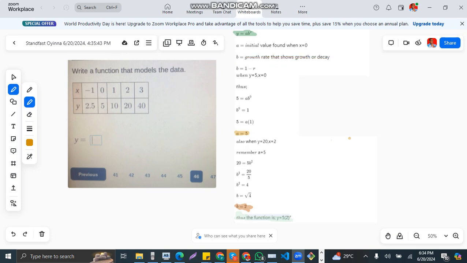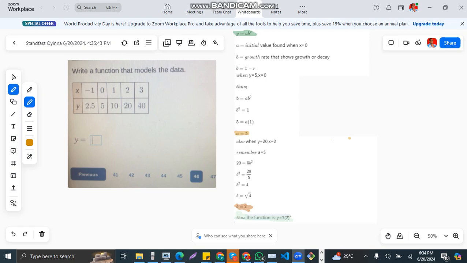So in that case, if you need to solve something like that, that's why I wrote this formula here. If you need to know whether it's growth or decay, the formula for the growth rate b is what? b is equal to 1 minus r, where r is the rates for that particular question.